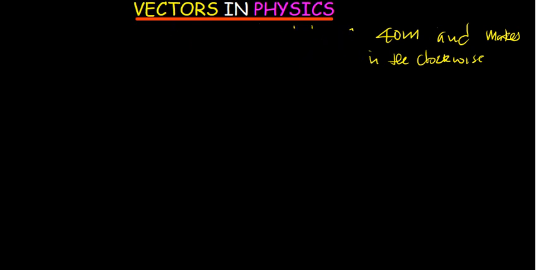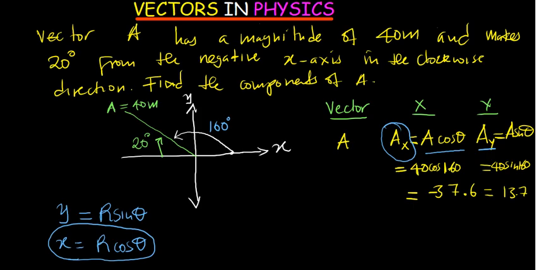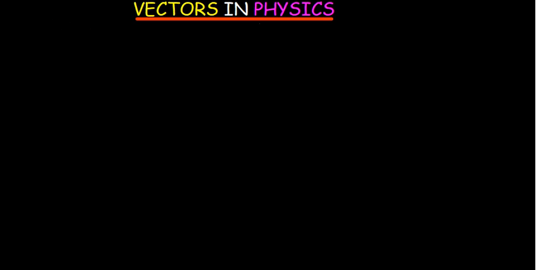The question is to find its magnitude and direction. If we've been given the components, how do we find the magnitude and the direction of a vector? To be able to find the magnitude and the direction, remember we said, how do you find the magnitude?